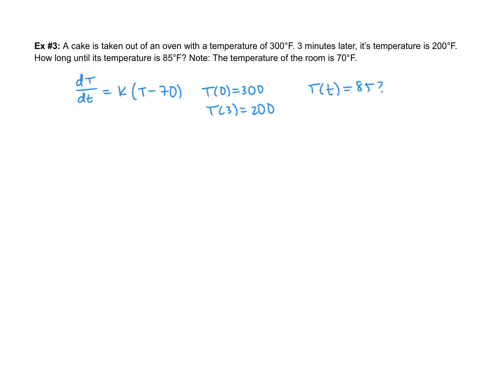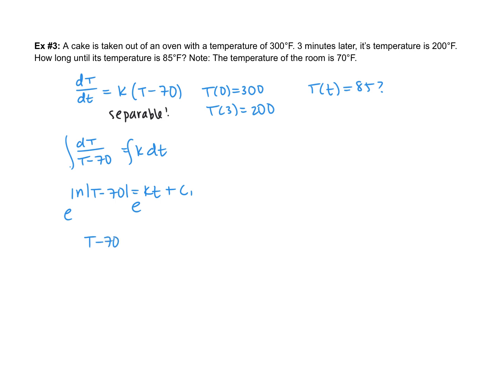Okay, so looking back at our differential equation, of course, this is separable. So we're going to separate and then integrate. So we have dT over T subtract 70 is equal to k dt. So we integrate, which gives us the natural log of T subtract 70 is equal to kt add C. So if we apply an e, we get T subtract 70 is equal to C2 e to the kt.